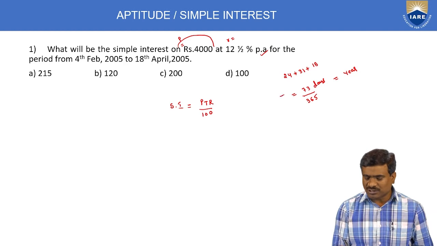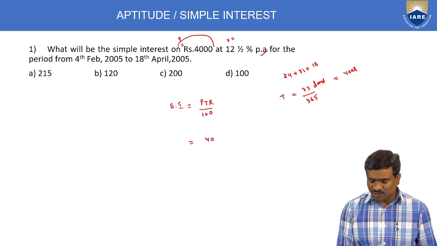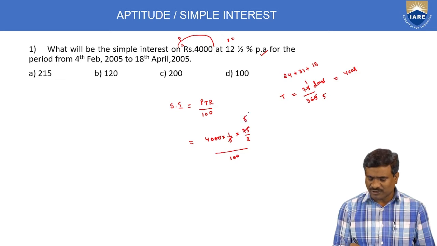This is about time. You substitute into the above formula where P is 4,000, time is 73 by 365, which is 1/5, 73 into 1, 73 into 5. Rate of interest 12 1/2, that is 25/2 by 100. Next simplification: 5 into 1, 5 into 5, 5 into 5, 25.